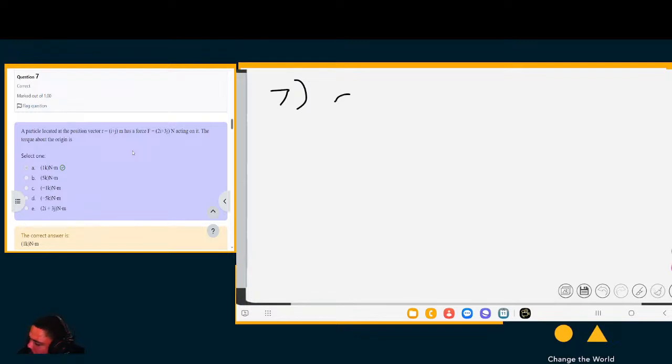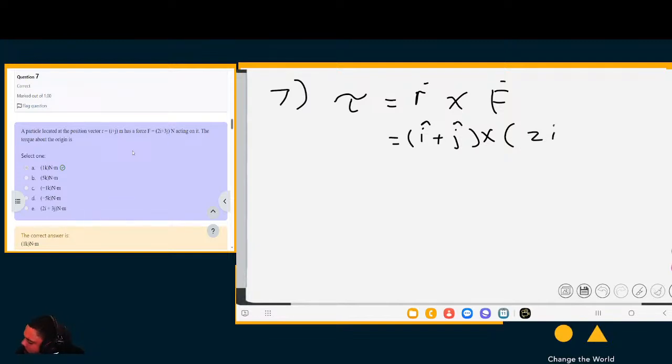So we know torque is equal to the position vector crossed with the force vector. Now the position vector is 1 i hat plus 1 j hat crossed with a force vector which is 2 i hat plus 3 j hat.